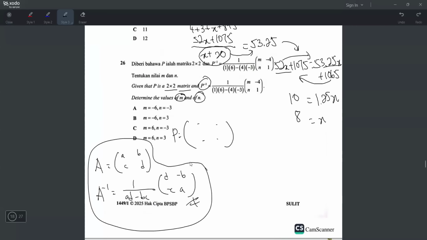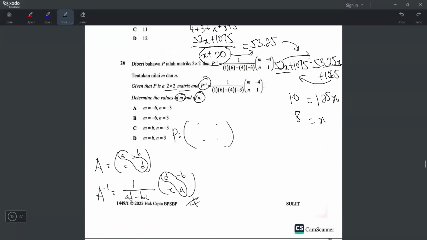This is the formula to find inverse matrix. Tapi ini dia sudah bagi letak nilai semua tu and kita kena tukar balik jadi normal matrix. Alright, so we all can focus on this first. Yeah. So you can see from here, this is actually the same with this. It's just you tukar tempat kan?